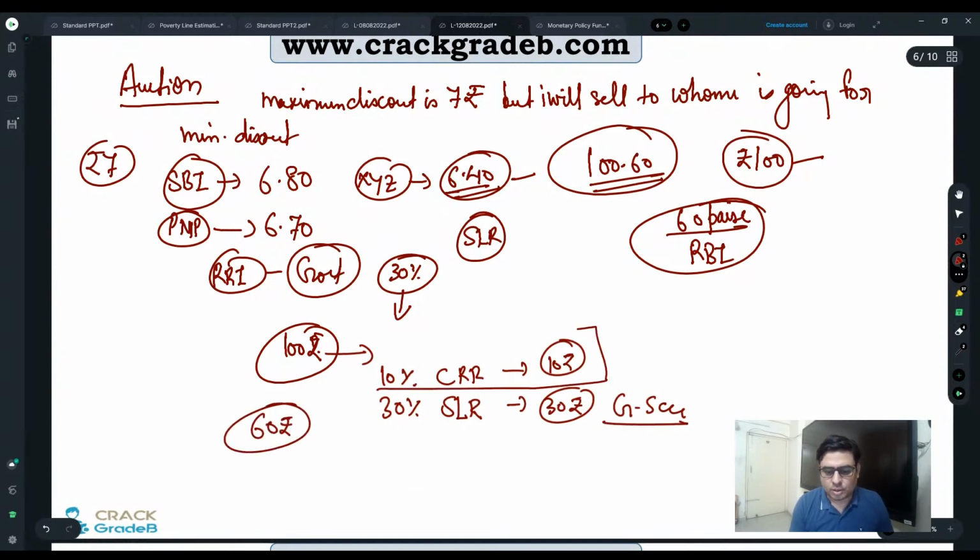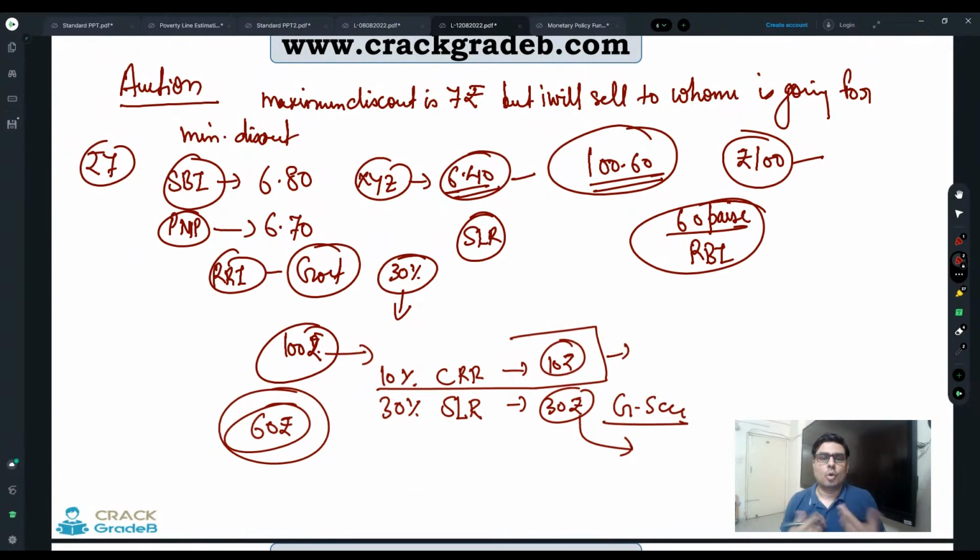How much is left? 60 rupees. On the 10 rupees, there is no income for the bank. Whereas on the 30 rupees, there is very little income, because government securities are auctioned, and after the auction, the interest rate you get as a bank is very low. So this 60 rupees is left with the bank to make a good amount of money and remain in profit.